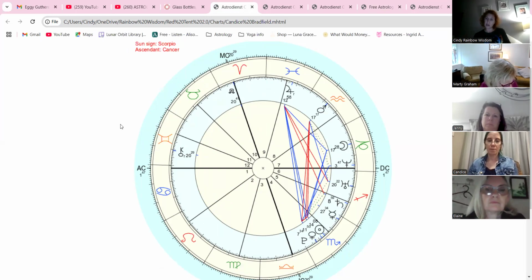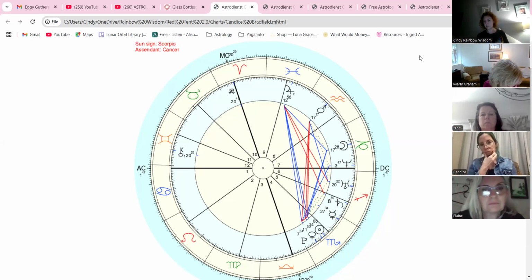So whose chart am I in? Candace. Okay, so Candace, if you know already something you're working on and you say, I really want to focus on that, we can go straight there and I'll give you some guidance. Otherwise, you could choose to work with Mars because he's going retrograde, or you could choose to work with Mercury because he's going retrograde and you have Mercury retrograde in your chart, and then a planet that's connected. Do you have a sense of anything that you know you're struggling with? Like we talked, in fact, about the moon and the node. You could do that. Yeah, actually, maybe the moon. The moon was the first thing I thought of. Oh, was it? Okay.